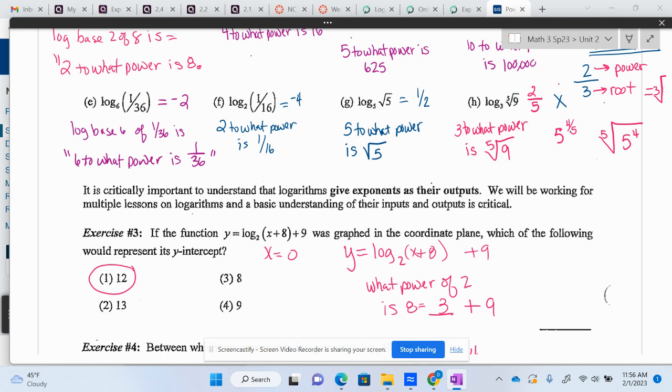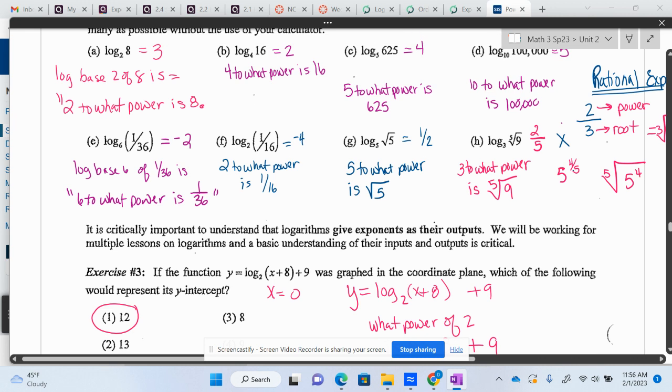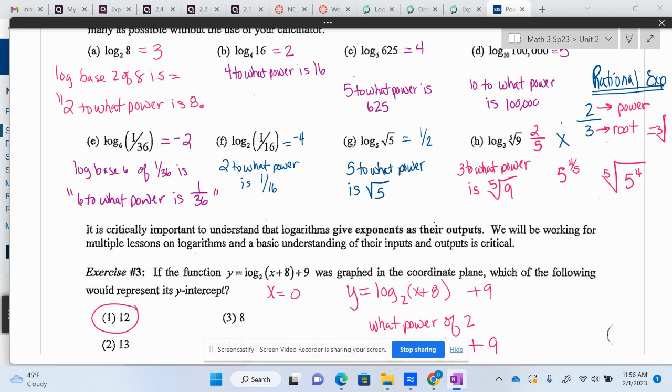And that will let you put in a base that's other than 10. So like if I wanted to do example F, I would put a 2 first, so log base 2, and then I would scroll over to the big parenthesis and do 1 divided by 16, and it would give me the answer of -4. So raise your hand if you can't find those on your calculator, because it's important for you to know where they are.